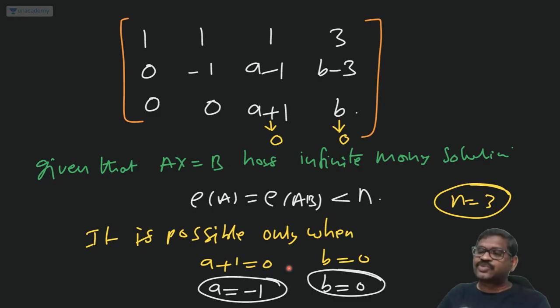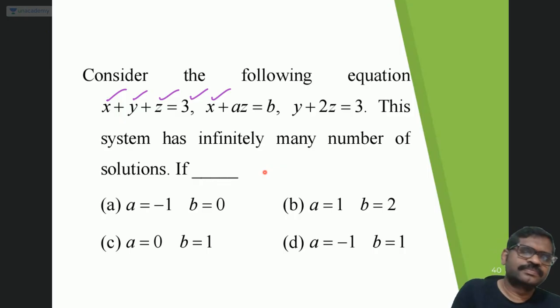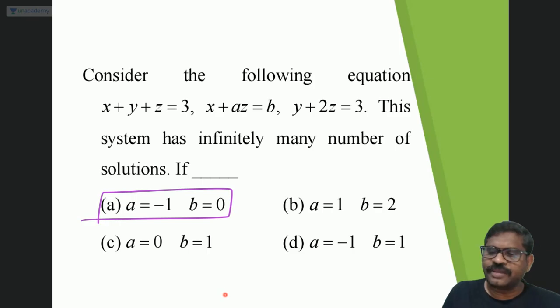So A is equal to minus 1 and B equal to 0. Okay? Understood?